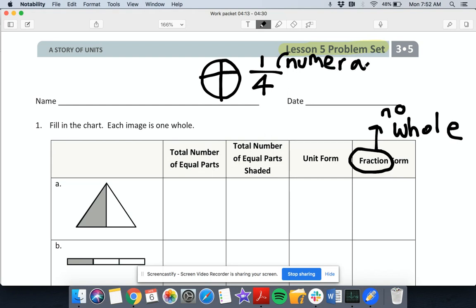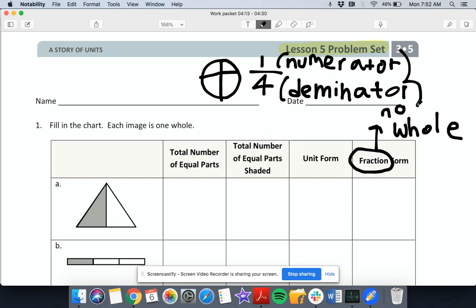Numerator. And then your denominator is your number on the bottom. Okay? And your denominator is essentially the total number of pieces. The total number of pieces. And then your numerator would be the amount of pieces of pizza that each person gets.